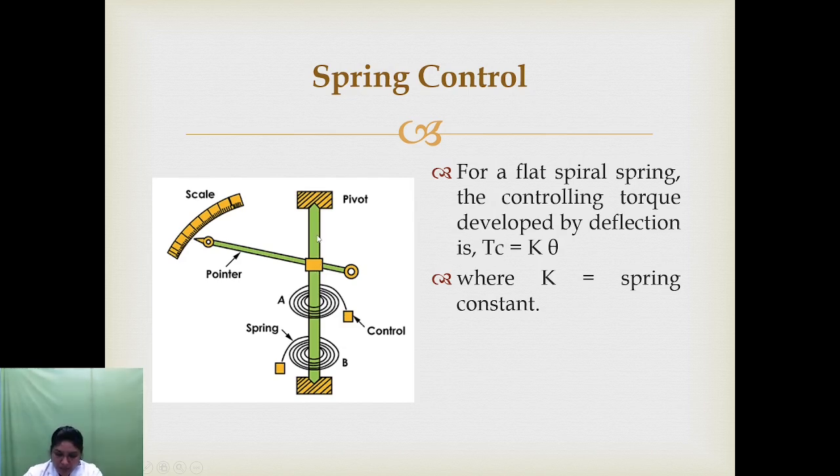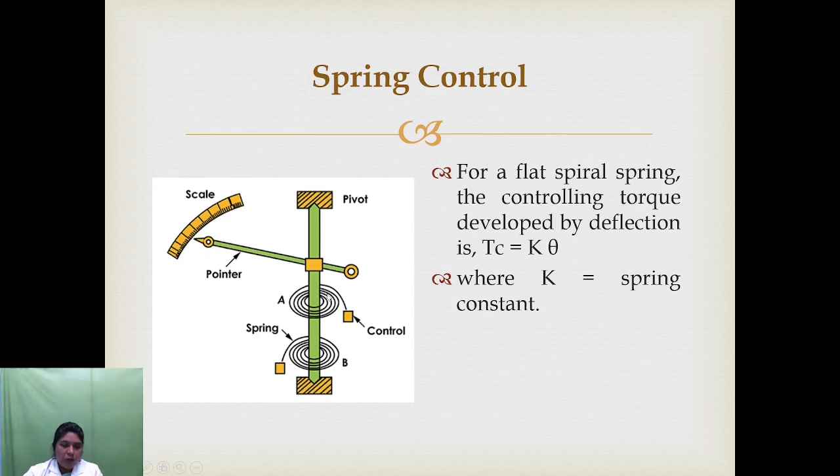The inner end of the spring is attached to the spindle and the outer end is attached to a lever or arm, which is attached to a set screw mounted on the front of the instrument, so that the zero adjustment can be made easily by adjusting it.